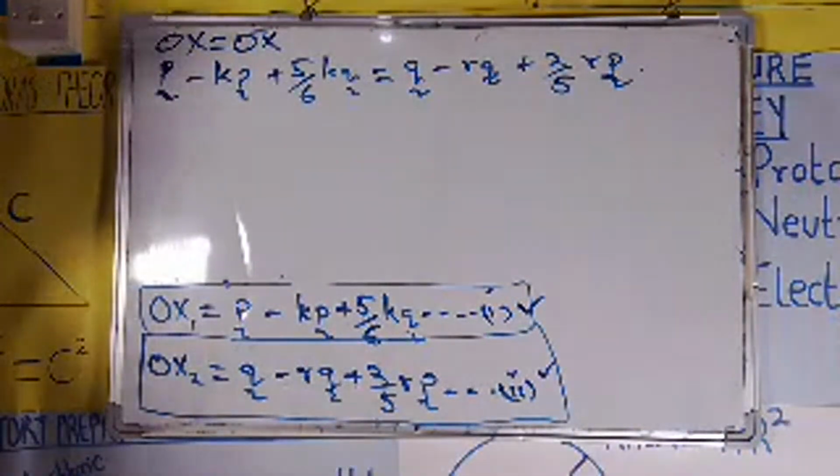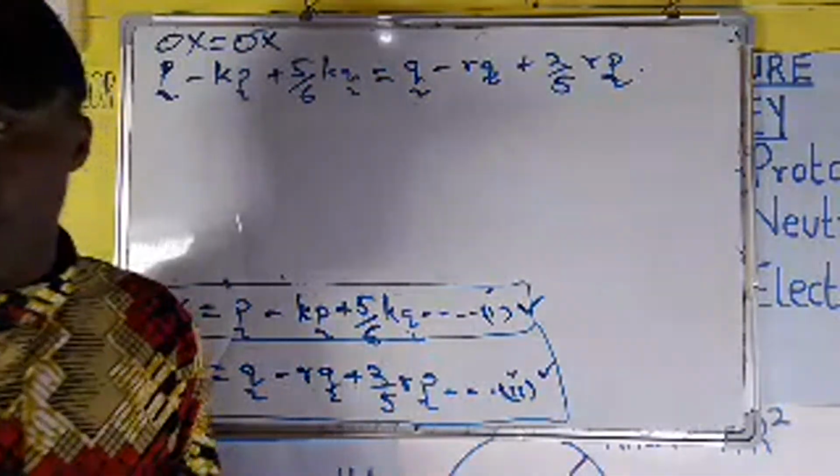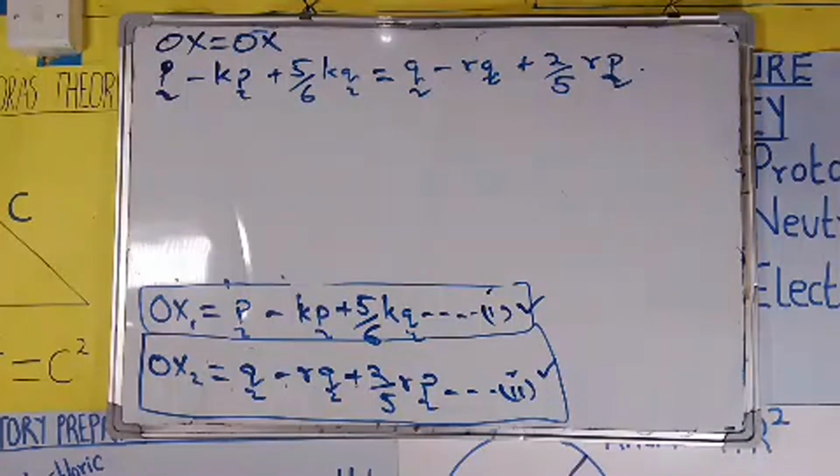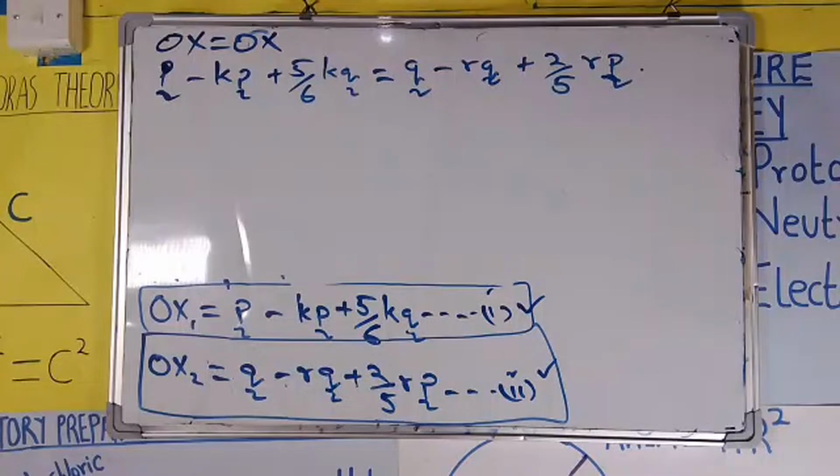That is what we are going to do. Haya, I hope you have understood. Tumeequate hizo OH mbili. We've equated the two OH vectors.